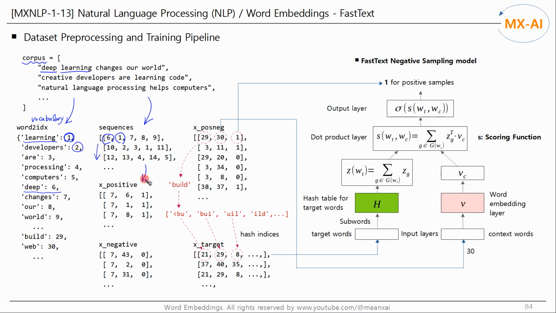Next, we generate positive and negative samples from these sequences. Let's say the word with token ID 7 is the center word, or the target word. Then the surrounding context words have token IDs 6, 1, 8, and 9. This example uses a window size of 2, meaning that words within 2 positions of the center word are treated as context words.